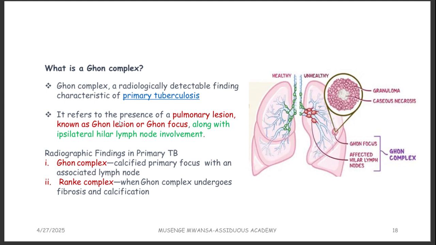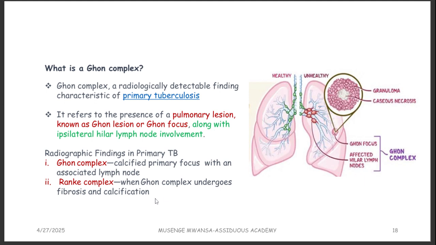So what is a Ghon lesion? A Ghon lesion or Ghon focus is just a granuloma that you are forming, and we said it is in the upper part of the lower lobe, or the lower part of the upper lobe, or the middle lobe in case of the right lung. So that is a Ghon focus showing caseating necrosis, and it's a feature of primary TB. If the hilar lymph nodes are also involved, like you see lymphadenopathy of the hilar lymph nodes on chest X-ray, that's now known as a Ghon complex. What is a Ghon complex? It's a Ghon focus with the affected hilar lymph nodes.